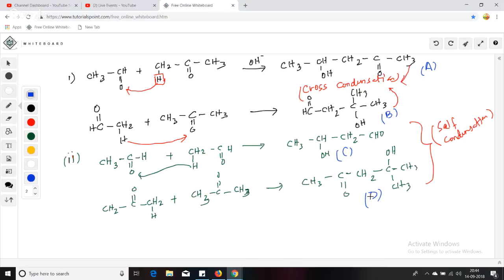We can have cross condensation also, and self condensation also. Both condensations are possible. The percentage of formation follows this order.